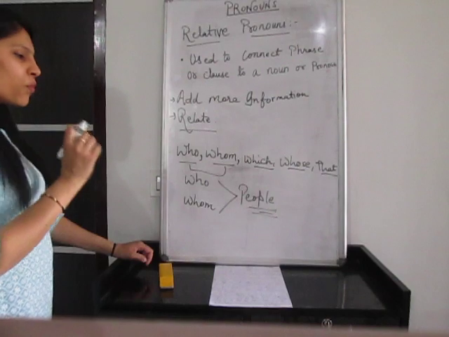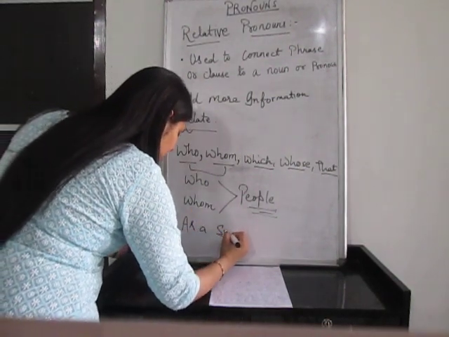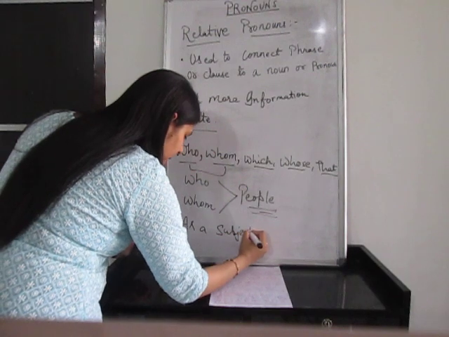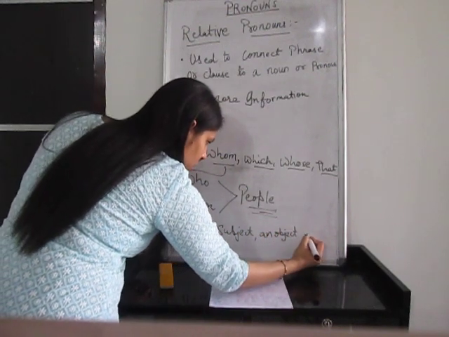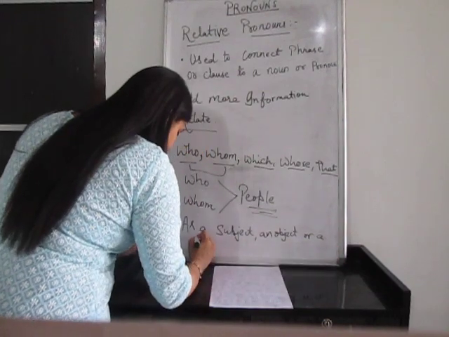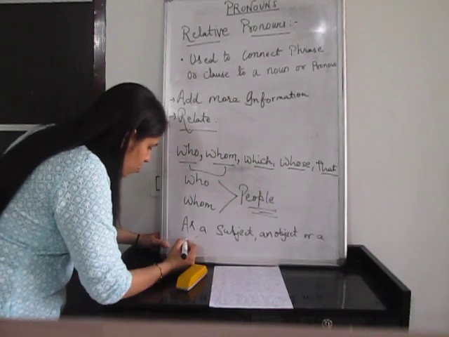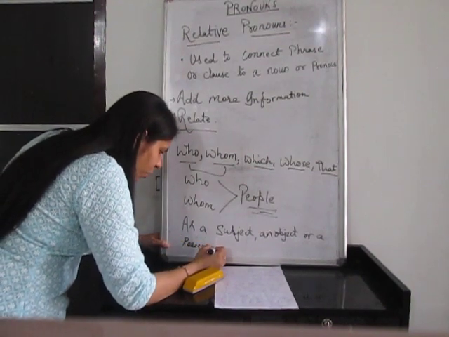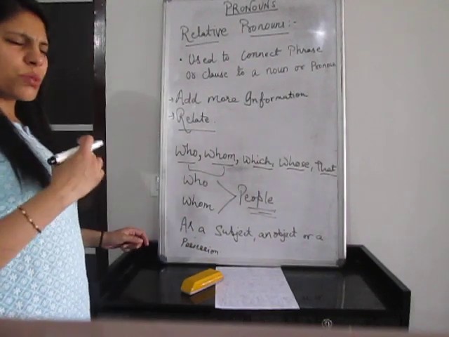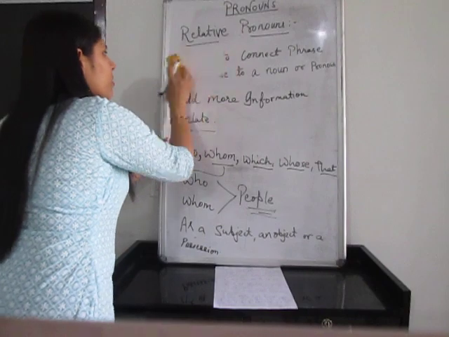Our relative pronouns are used as a subject, an object, or a possession. Now you must be thinking how we can use them as a subject, object or possession. I'll tell you more about it.